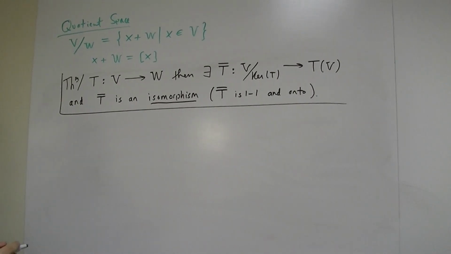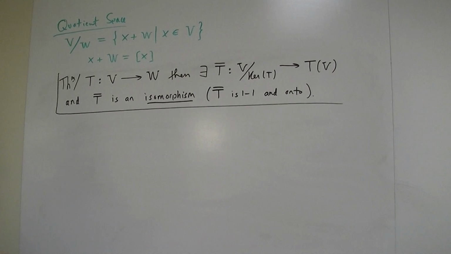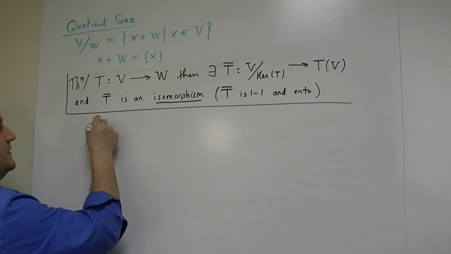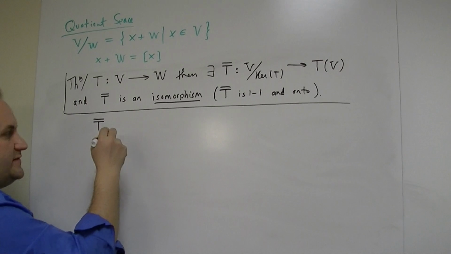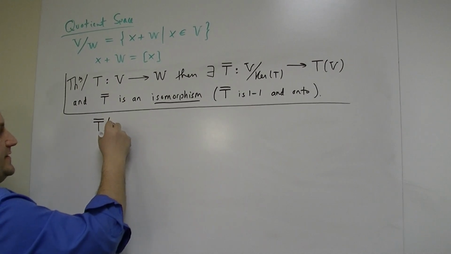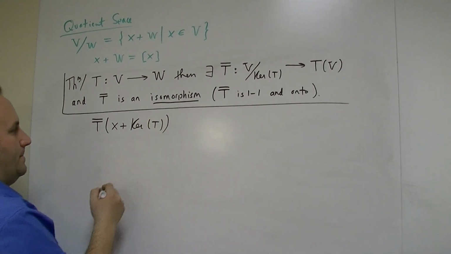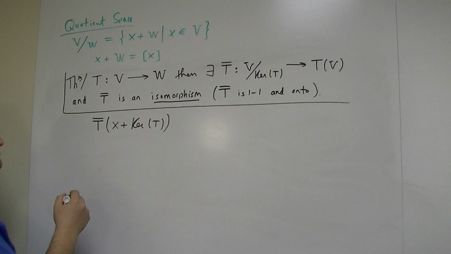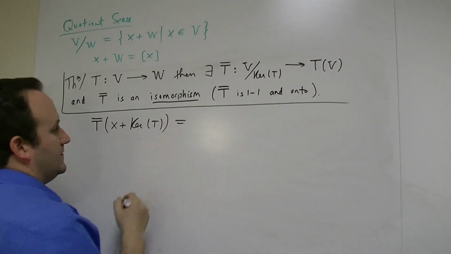Let me be a little more explicit. How do we actually construct this T bar? T bar is a mapping from V mod the kernel of T, so I would look at something like x plus kernel T. What would my definition be for this function?